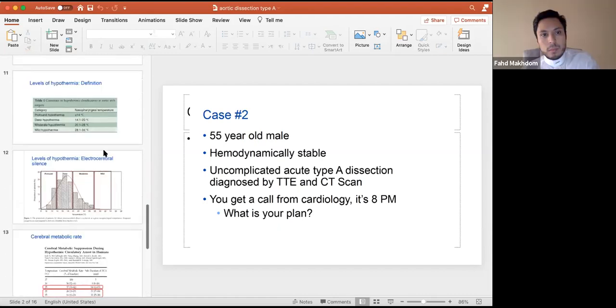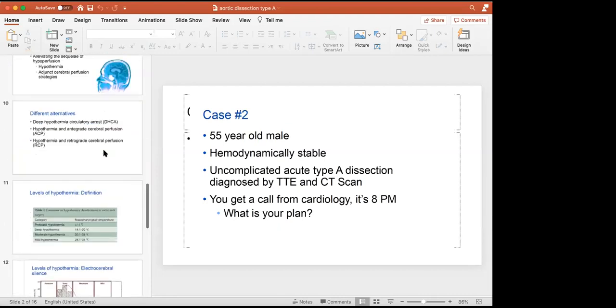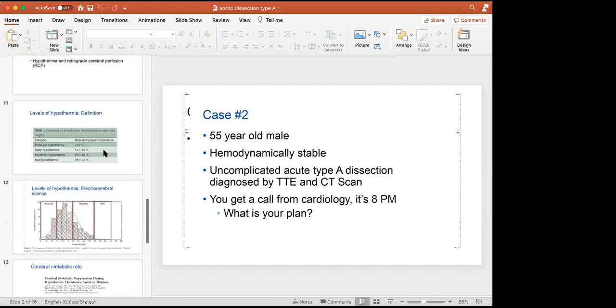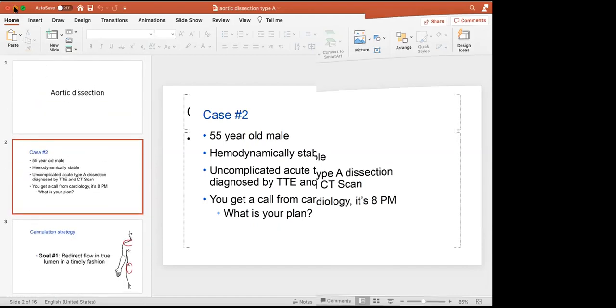But if he really needs the OR, I need to explain to the family that the morbidity and mortality for this specific scenario is very high if I take him with a major bleed in the brain.